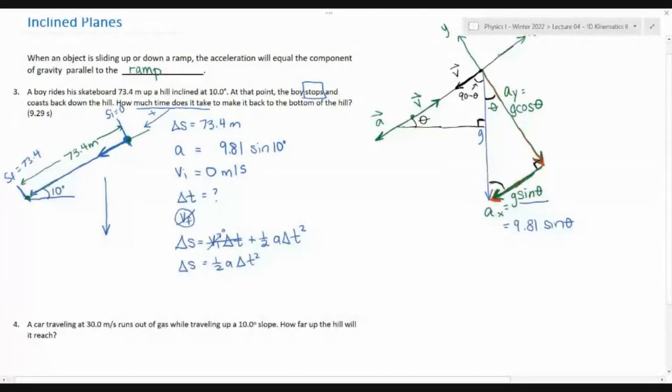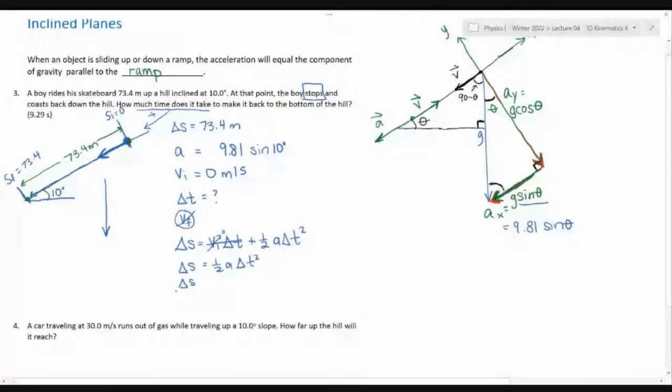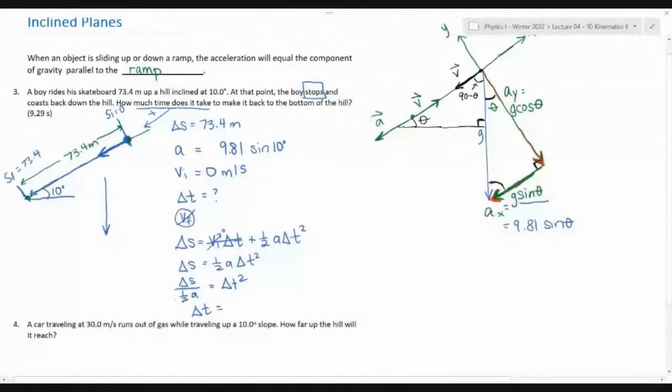And I can rearrange and solve for delta T now if I want, and then plug in all the numbers, or I can substitute in all the numbers now and then rearrange. I'm going to rearrange now. So I'm going to divide both sides by 1/2 A. So I get delta S over 1/2 A equals delta T squared. And I then get delta T equals the square root of all of that.